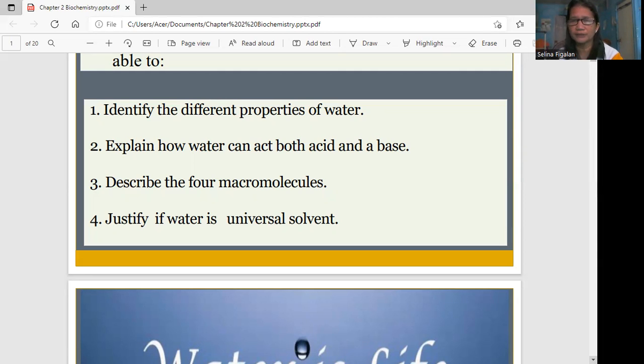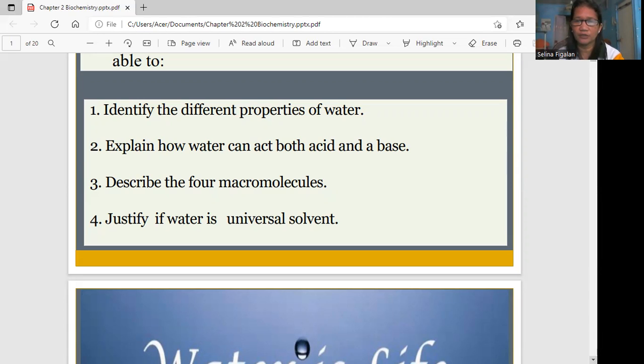The third one is carbohydrate, which is the source of energy, and the fourth one is protein, which is used to repair muscle and tissue. And then the last one is to justify if water is a universal solvent. Okay, so this is your experiment, which means that the discussion of our lecture goes only up to number 3.